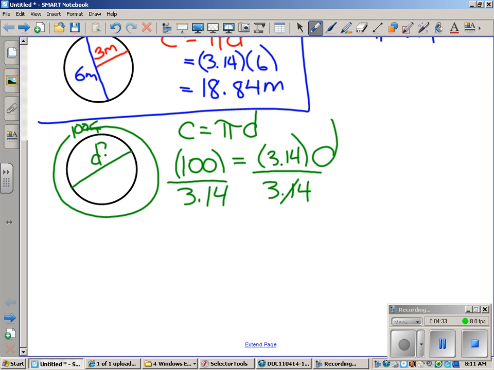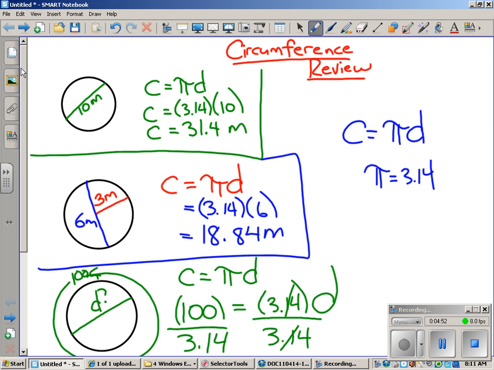It will cross out here and become 1d, which is exactly what we want. And 100 divided by 3.14 is 31.85 meters. And that's our three types of questions for circumference.